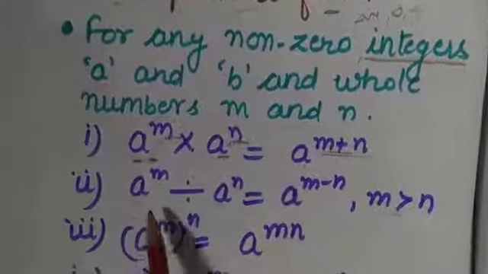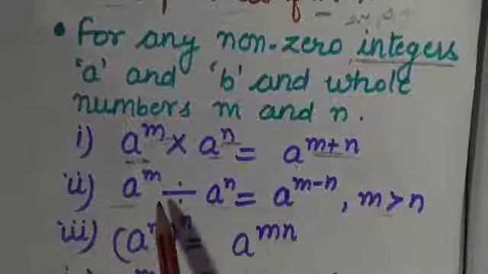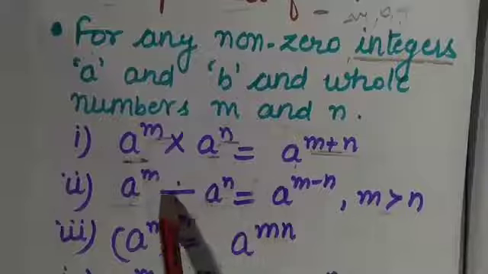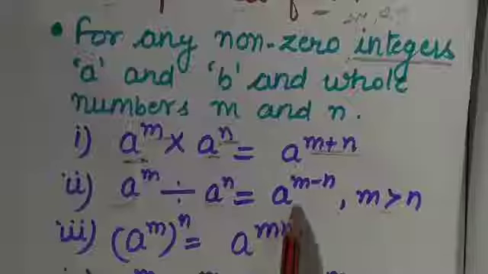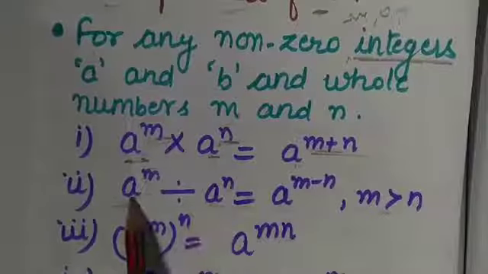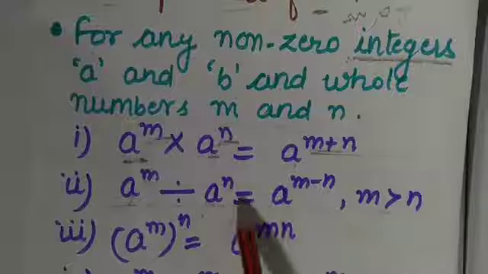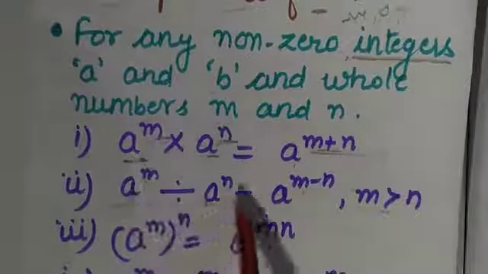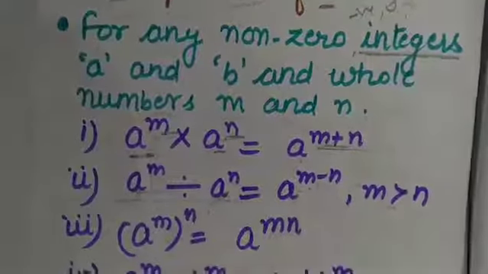The second one: whenever you divide two exponential numbers having the same base, and the powers may be different or the same, the powers get subtracted. That is, a raised to the power m divided by a raised to the power n can be written as a raised to the power m minus n.